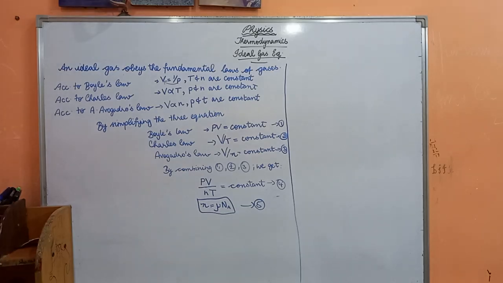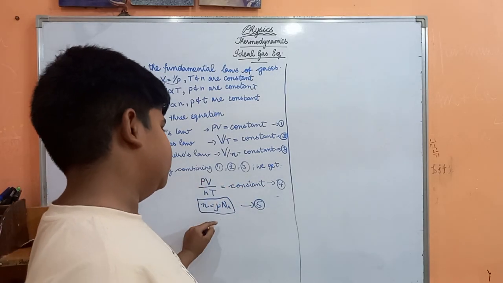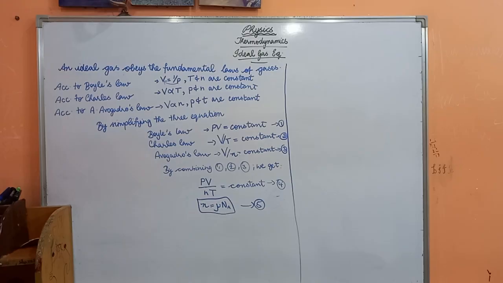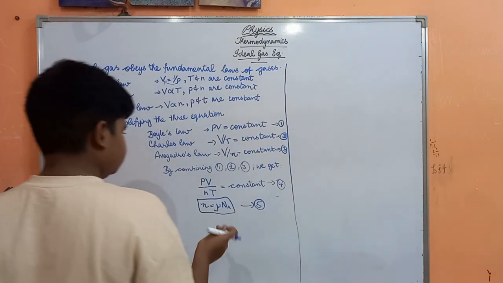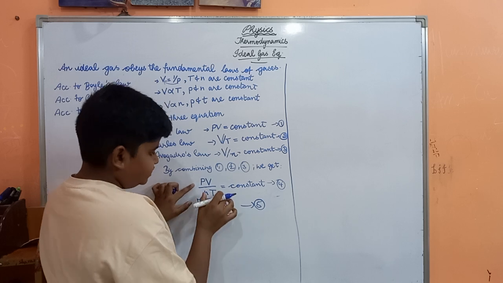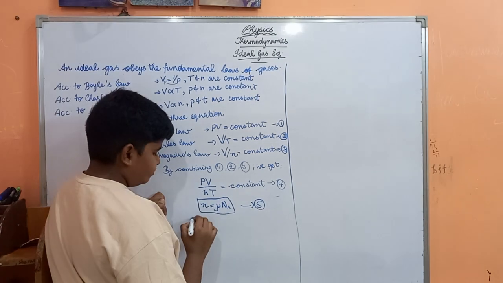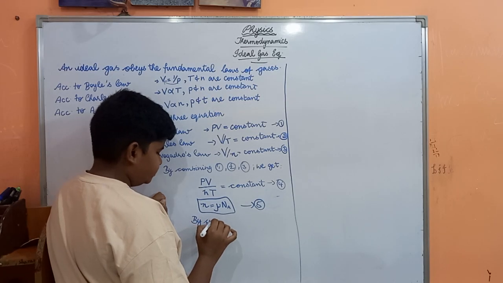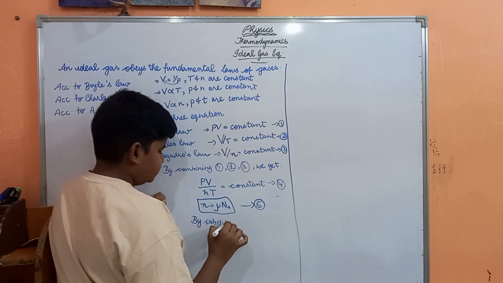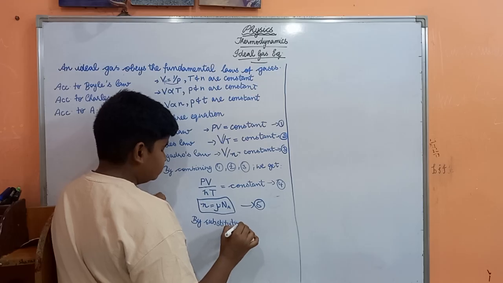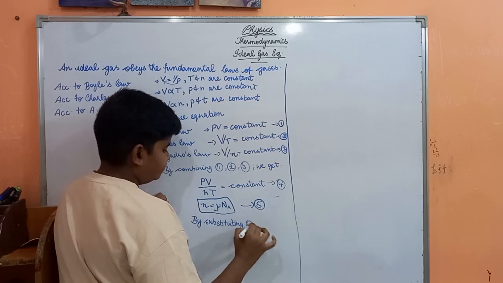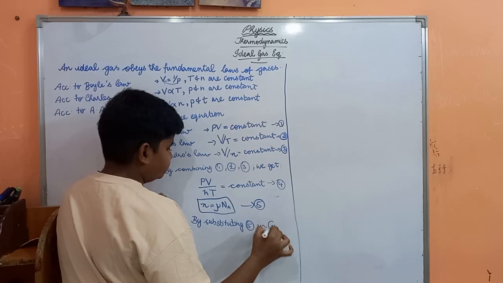So we can just see that PV by T is constant times mu of Na. So by combining equation 4 and equation 5, it can be written as, so guys, look, there's N over here. So what we can do is substitute 5 in 4.